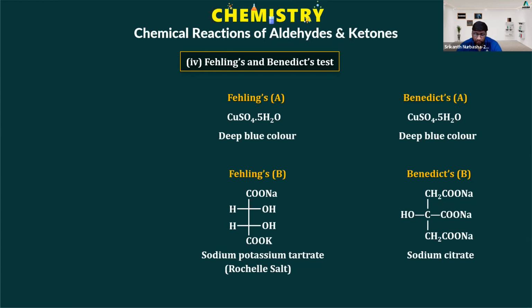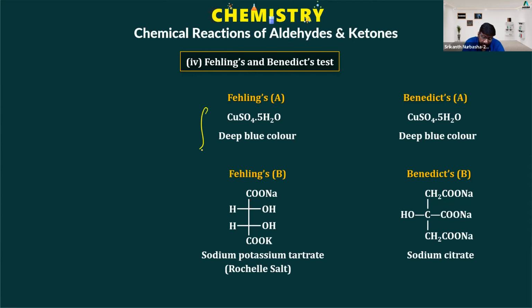So why, whenever you add Fehling's A and Fehling's B, will they form a complex? What type of complex is going to form? CuSO4.5H2O is already deep blue in color, but it will react with the respective sodium potassium tartrate.